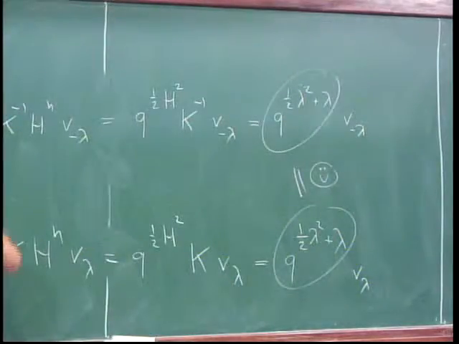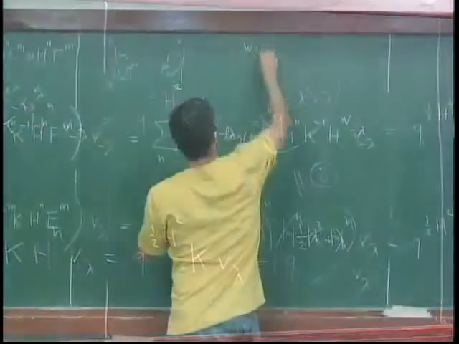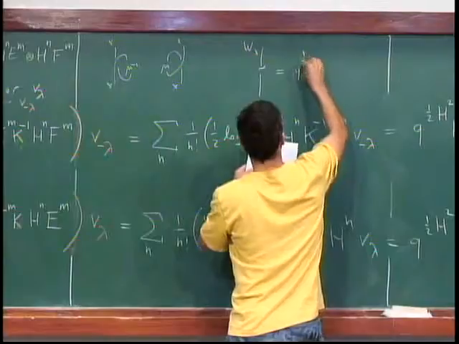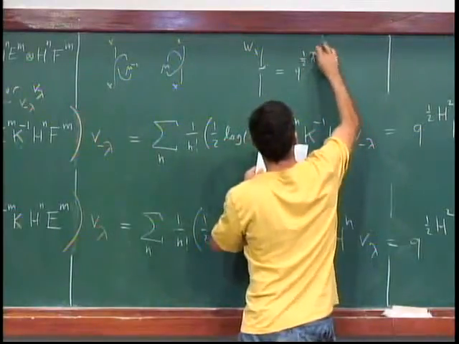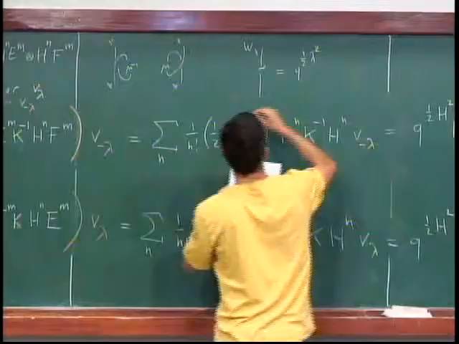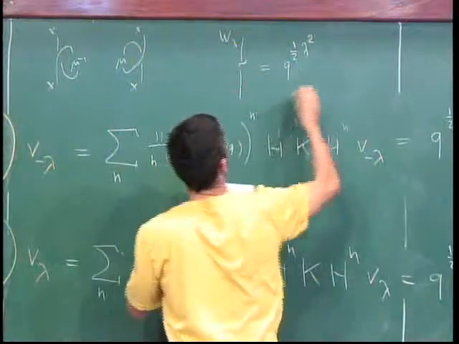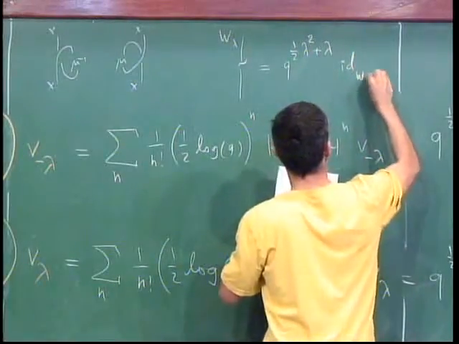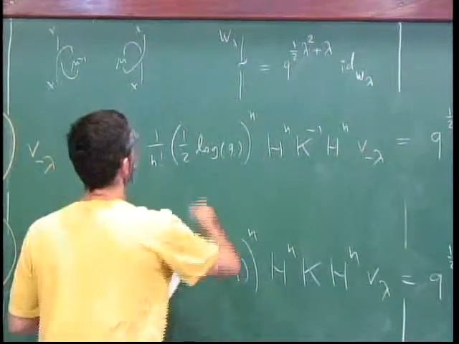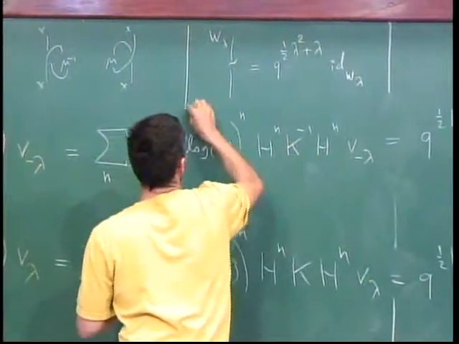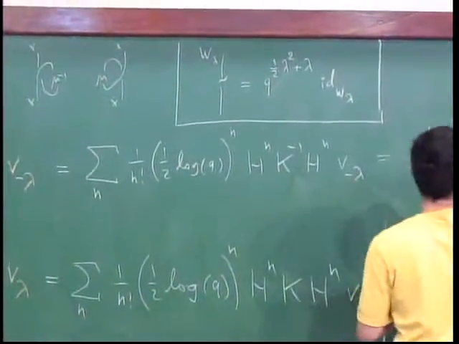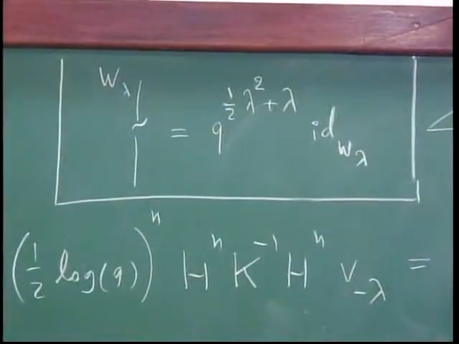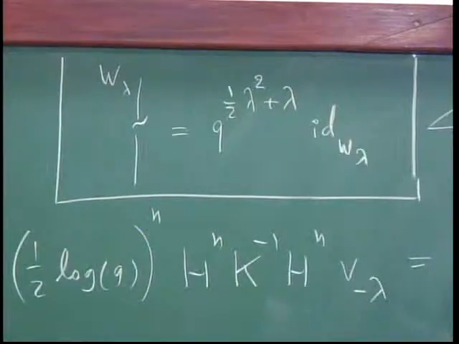So theta sub W lambda is equal to that. From that computation, that's what we learn.